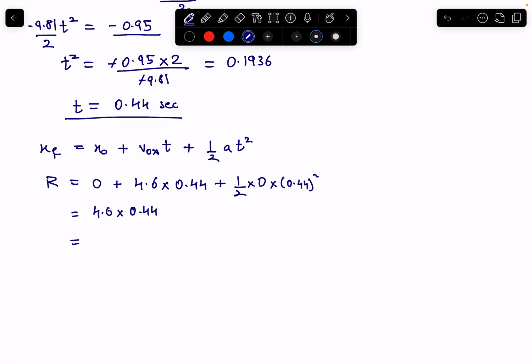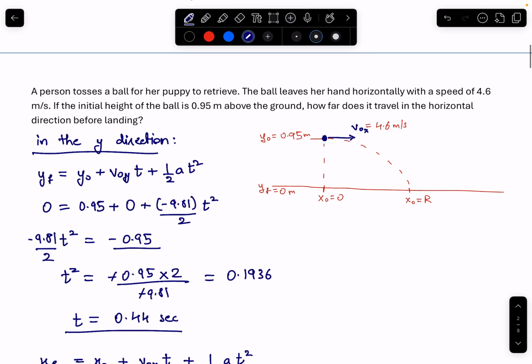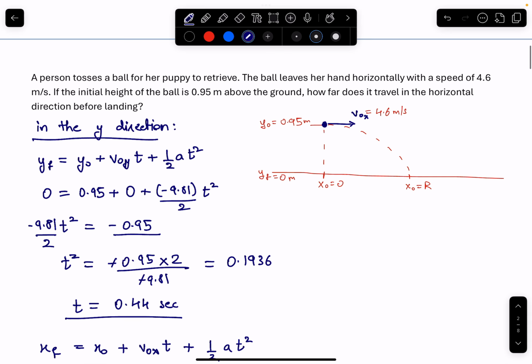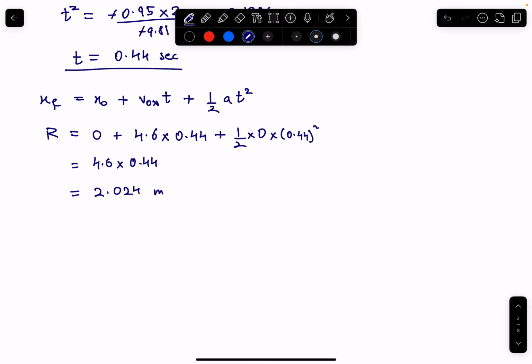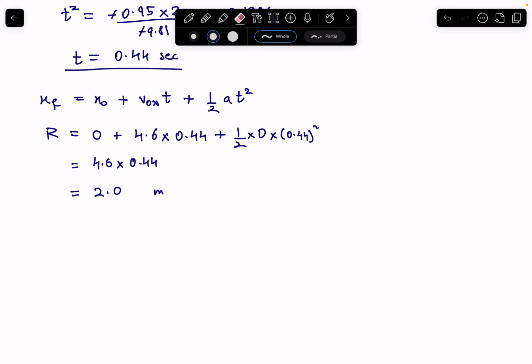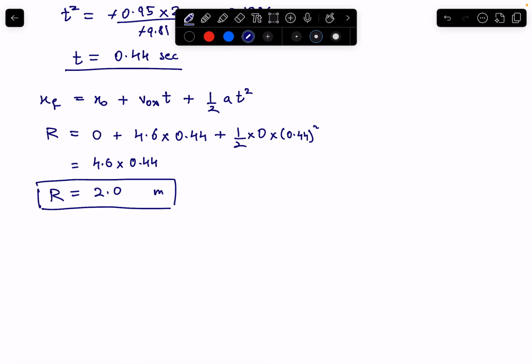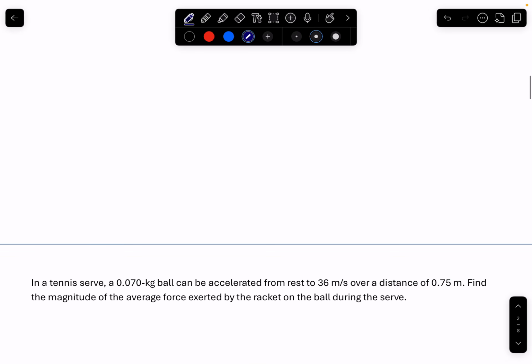This is equal to 2.024 meters. And looking at the significant figures, there should be only 2 here. So yep, that is my answer. Right, next question.